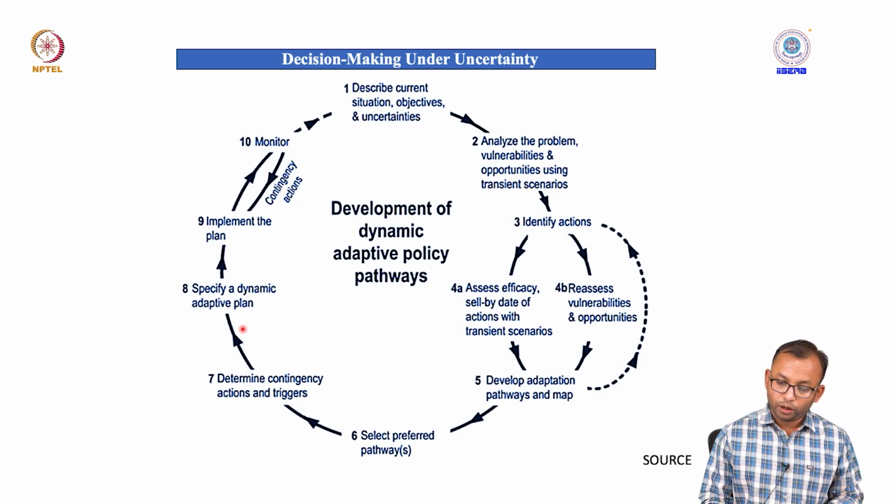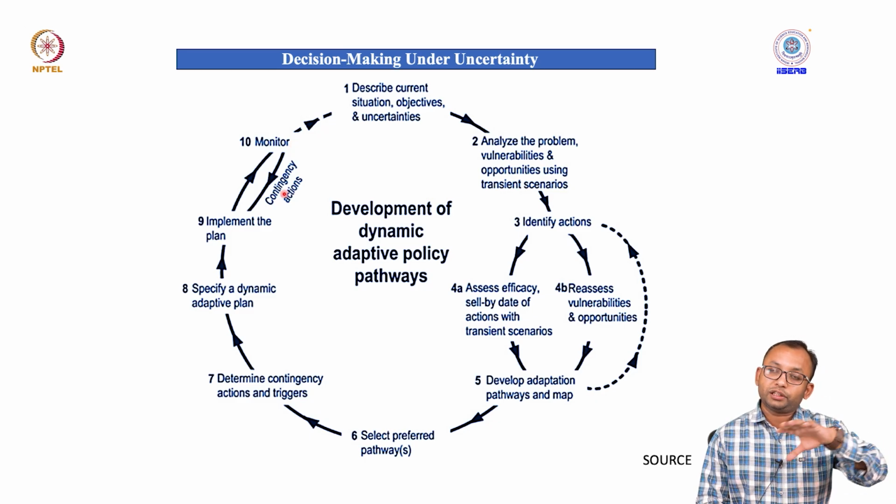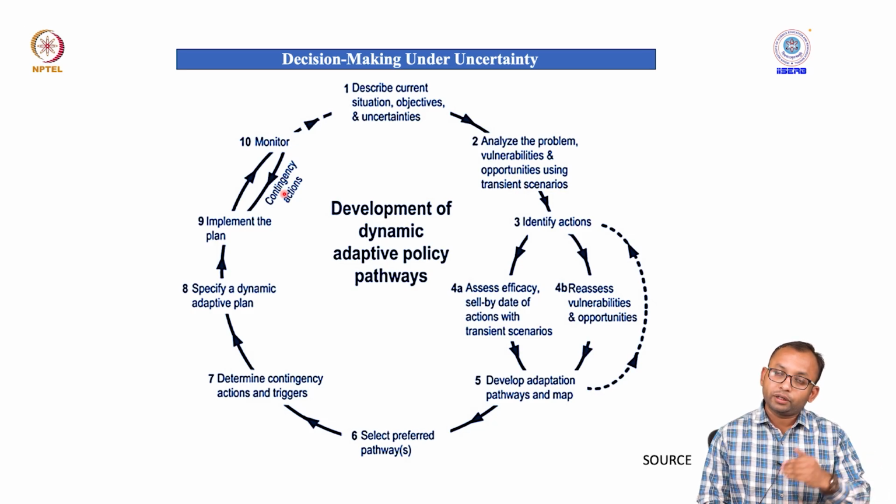Then we can talk about a dynamic adaptive plan for minimizing the risk, and then we have to implement that plan in a certain region, and then we have to monitor whether the plan we are implementing, based on whatever climate projection we have done with the uncertainty assessment, is actually working on the ground or not.